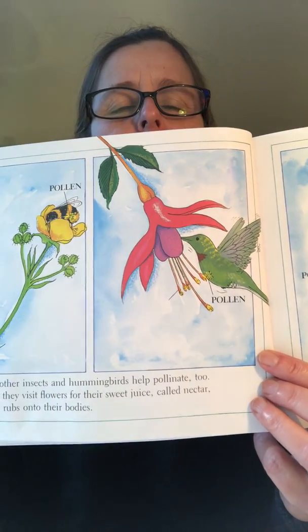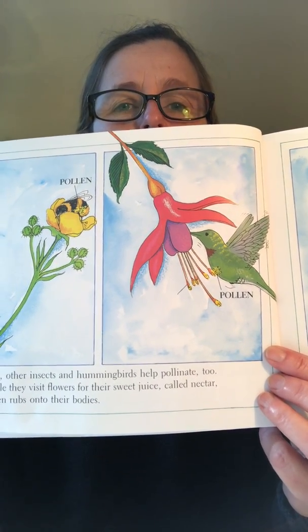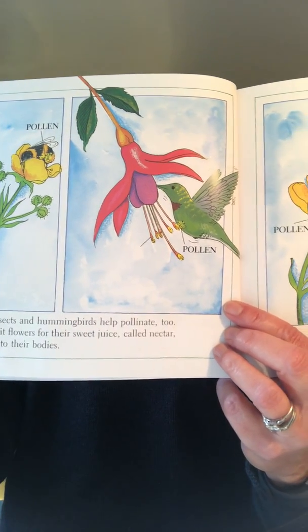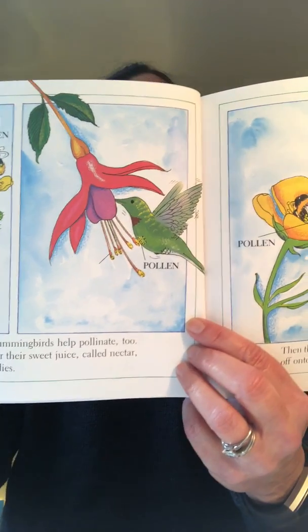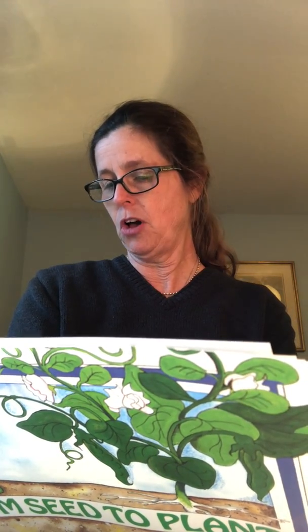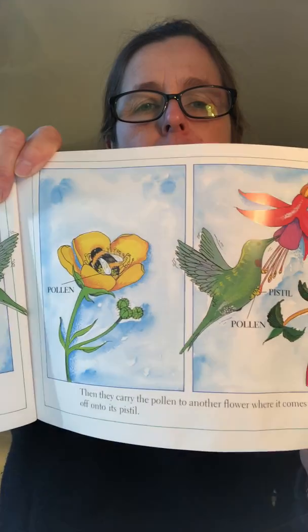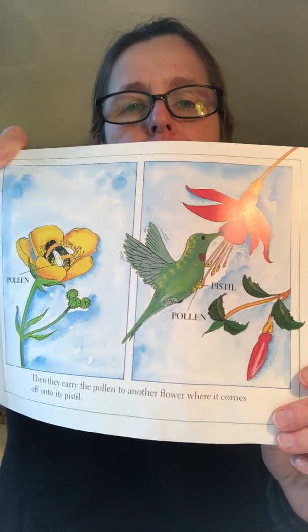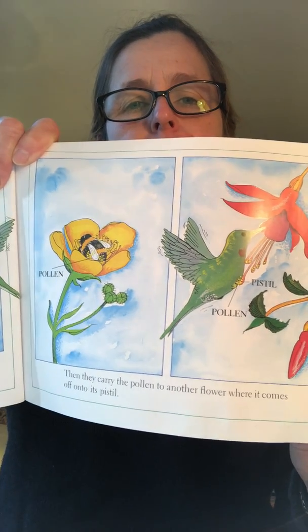Do you remember when the monarch butterflies drank the nectar from the flowers so they would have energy to fly? Then they carry the pollen to another flower where it comes off onto the pistil. So there are the bee and a hummingbird going to a different flower.